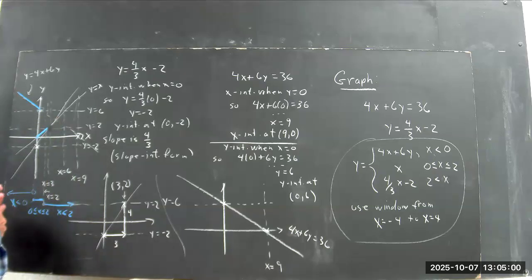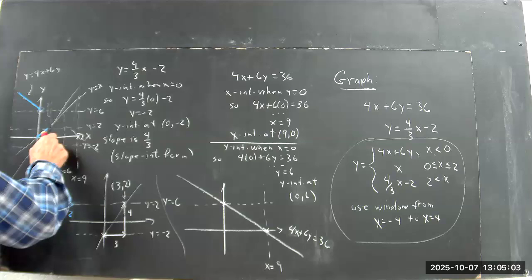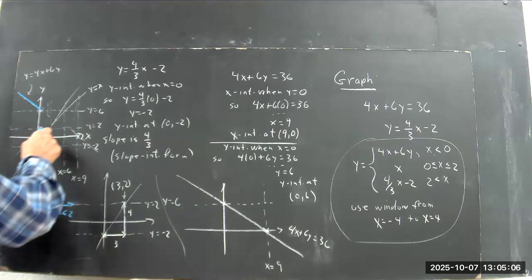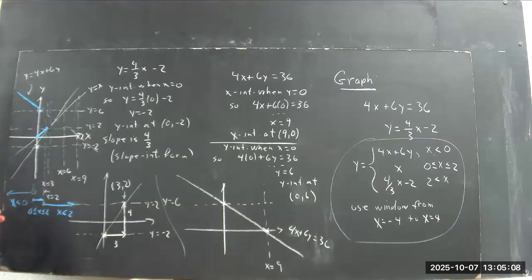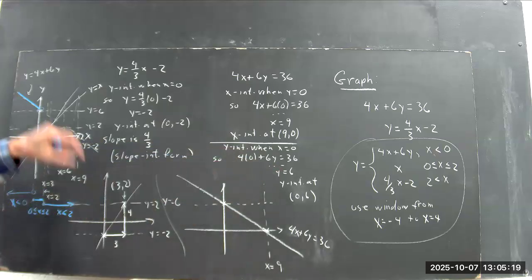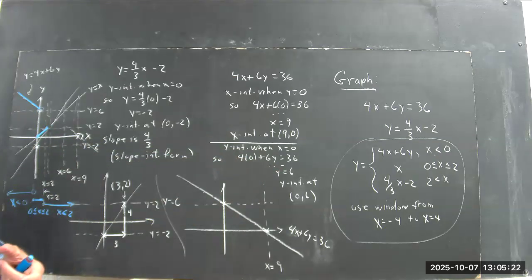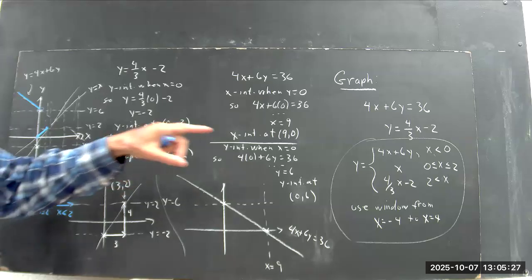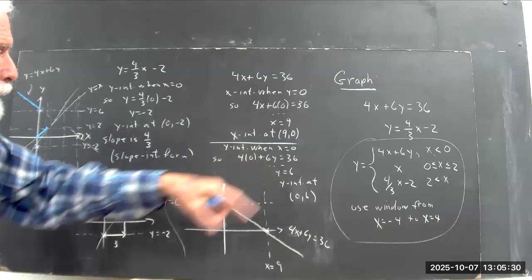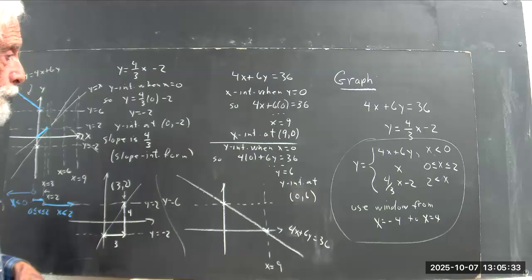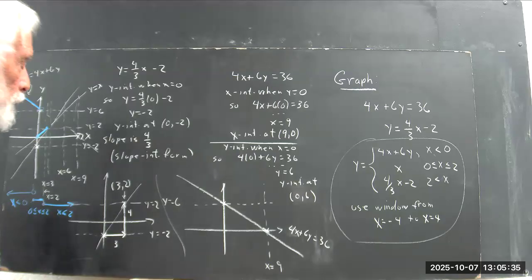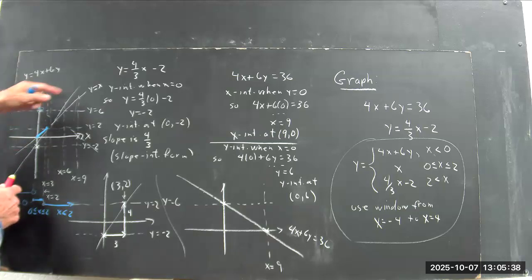To be clear, this part only goes up to the line x equals 2, because it is only defined between x equals 0 and 2. Do we understand this? Does it make sense? And then when x equals 2, it suddenly takes the value of 4/3 x minus 2. Okay, well, that'd be 8/3 minus 2, which is 8/3 minus 6/3, which is 2/3. It's going to be on this graph.